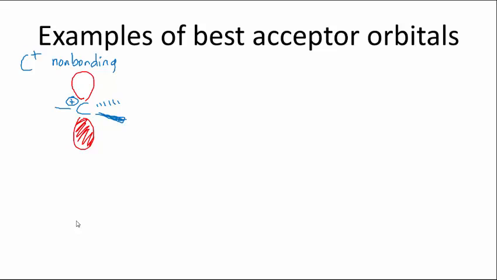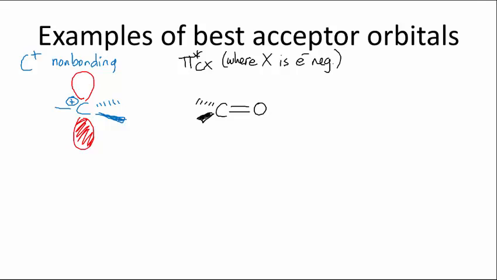Another really good acceptor would be pi star CX, where X is electronegative. So for example, if you had formaldehyde, the pi star CO orbital would be an outstanding acceptor.